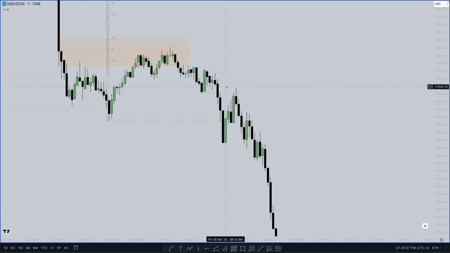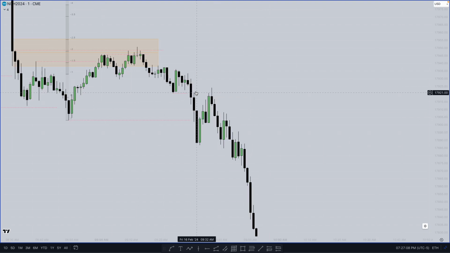You have this, which it doesn't actually tap into, but it does create displacement as it's going through. So it's a pretty valid fair value gap right there. So there's a lot of different things you could use.